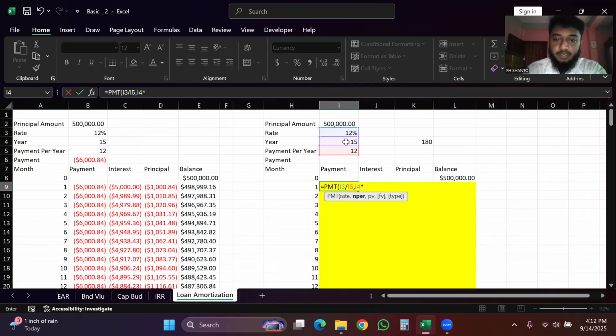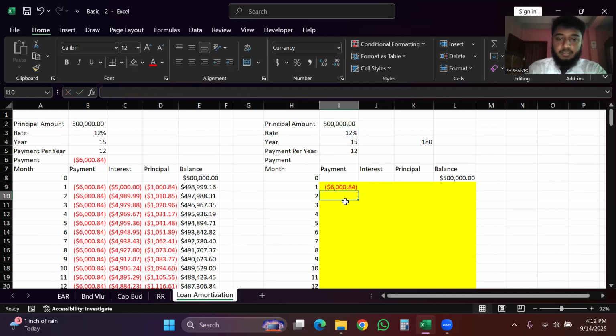So multiply this by year, comma, then here is the present value, that means principal amount, comma. We have no future value, so we will fill it with 0, closing the bracket and press enter button. Here you can see 6,000.84.